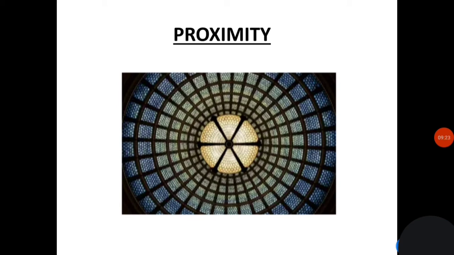When looking at this photo of a stained glass window, do you see a series of disjointed shapes, or do you see a series of concentric circles?